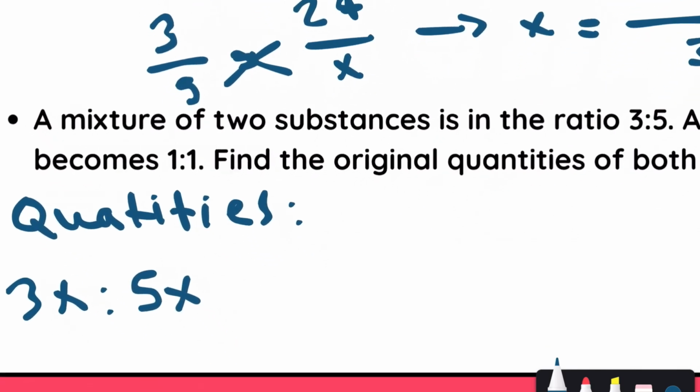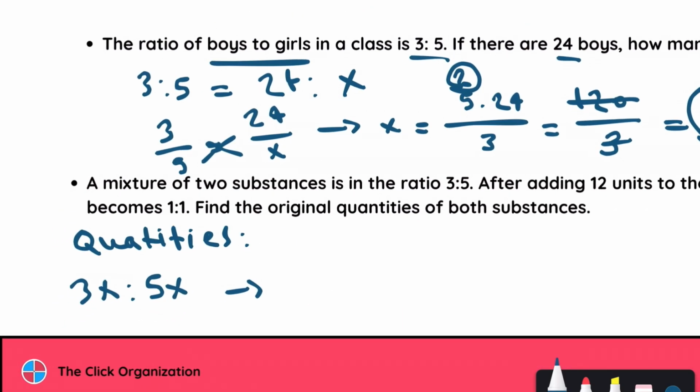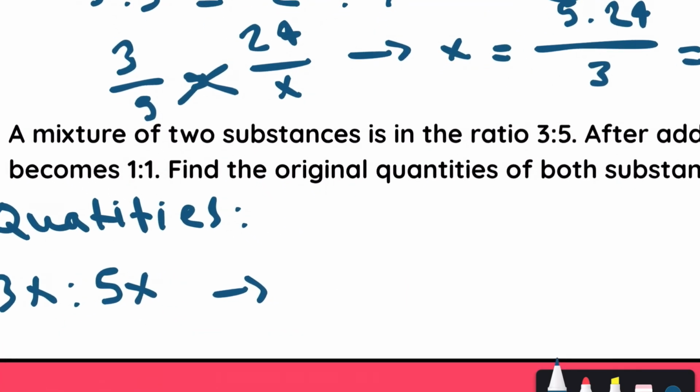Okay, and I need to then add 12 units to the 3x, which is my first substance quantity, right? So it's 3x plus 12 divided by 5x.